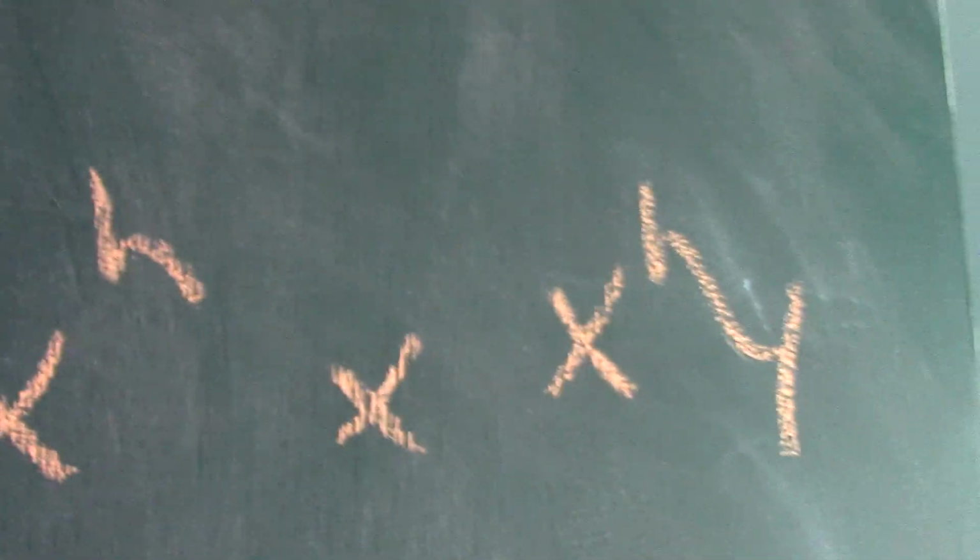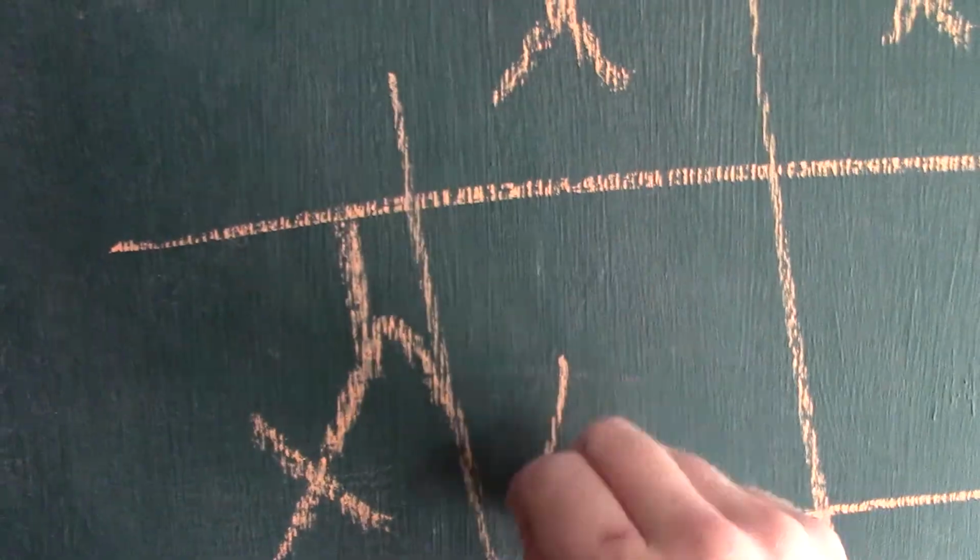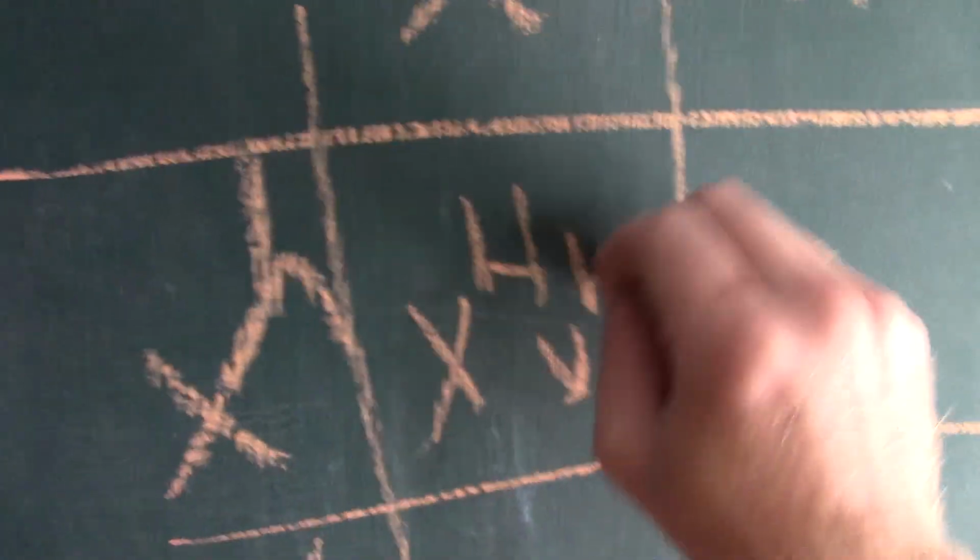So she's this, and the male is this. Okay, so X big H, X little h, X little h Y. So we have X big H, X little h.